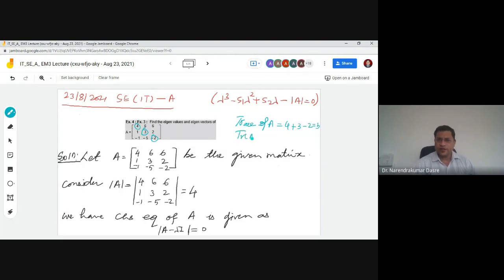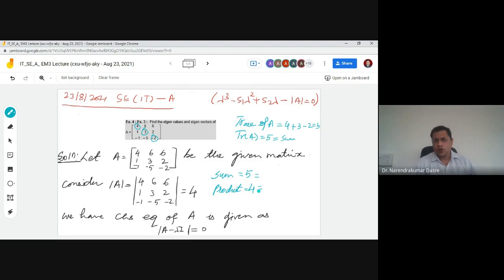So the trace of A is equal to 5, and this is the sum of eigenvalues. So the sum of eigenvalues is going to be 5. And now what about the product? The product of the eigenvalues is nothing but the determinant of A, which is equal to 4.